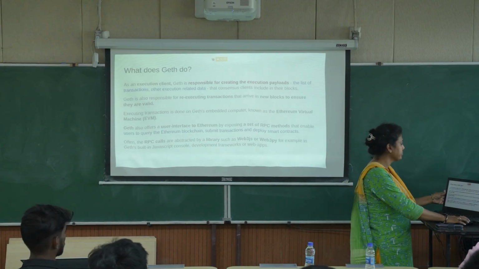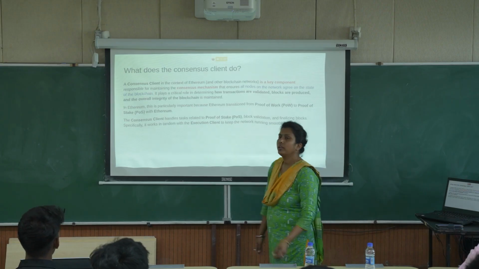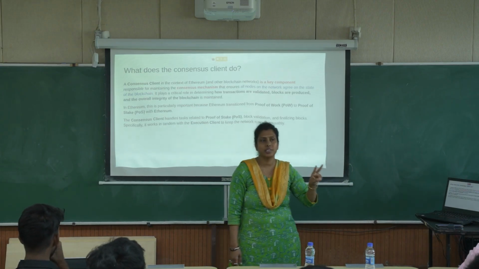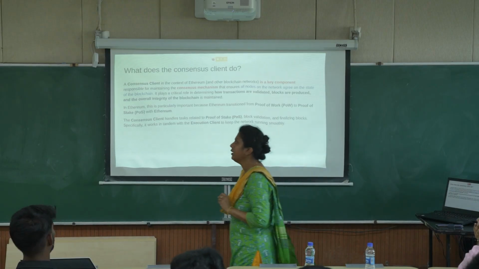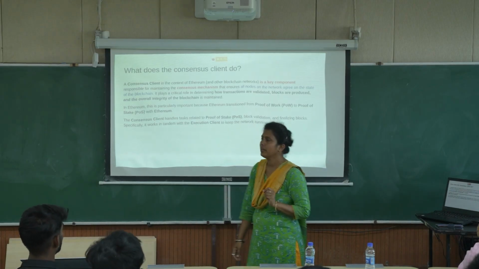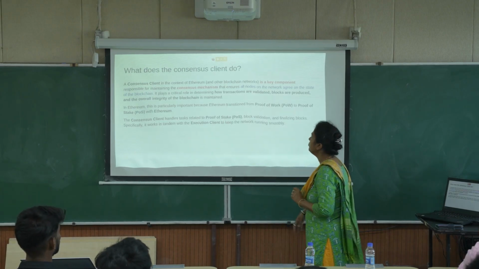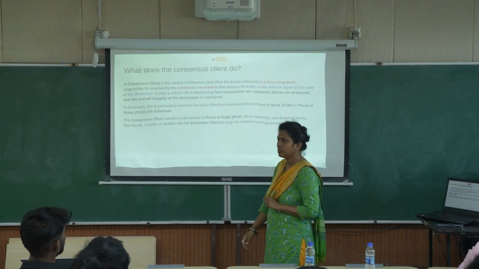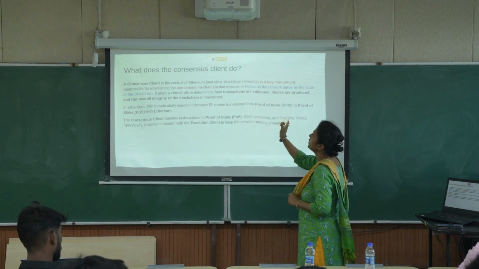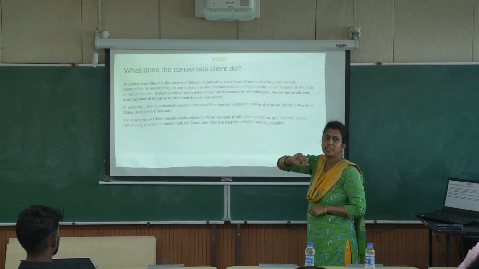Okay. Then what does the consensus client do? We are talking about two clients. One is the consensus client, another is the execution client. Geth is our execution client, and now we are talking about the consensus client. The consensus client in the context of Ethereum is a key component responsible for maintaining the consensus mechanism, which ensures that all nodes on the network agree on the same state of the blockchain.